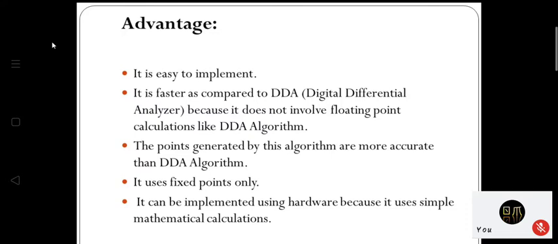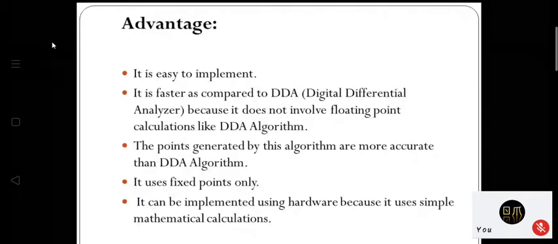Next, it is faster as compared to DDA because it does not involve floating point calculation like the DDA algorithm. You have already solved the DDA algorithm, and while solving it you might have observed that you obtained floating point operations, which you convert to the nearest integer values.